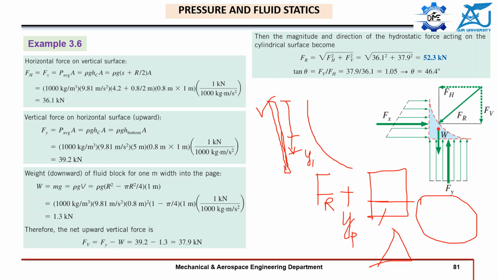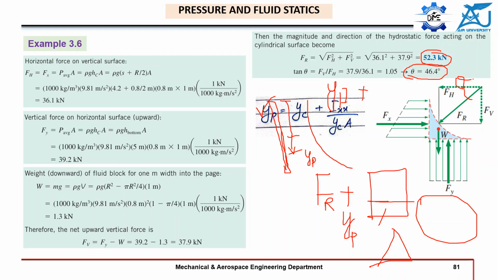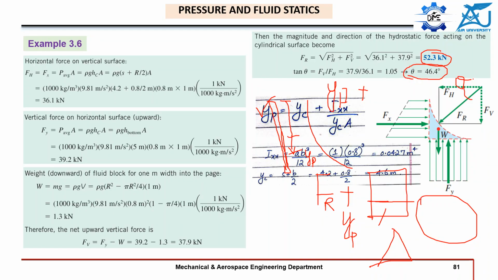But now on a curved surface, we have that FR, that YP is still there, plus there is another thing which is theta, the angle at which your resultant force is acting. Last time we had some confusion, so let me clear that this is still valid.